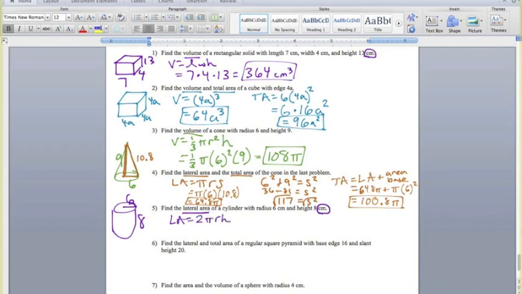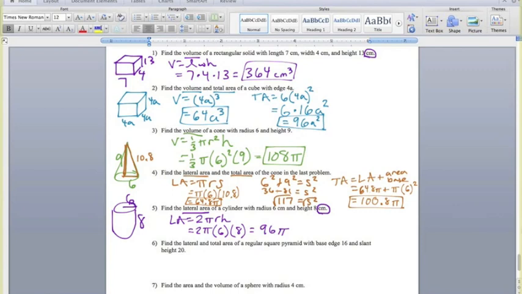This is the one where we talked about how it comes from unrolling the cylinder, which turns it into a rectangle and gives circumference times height, but you don't need to have that memorized. So 2 pi, radius of 6 and height of 8. Type in the numbers except for the pi, gives 96, and let the pi tag along.